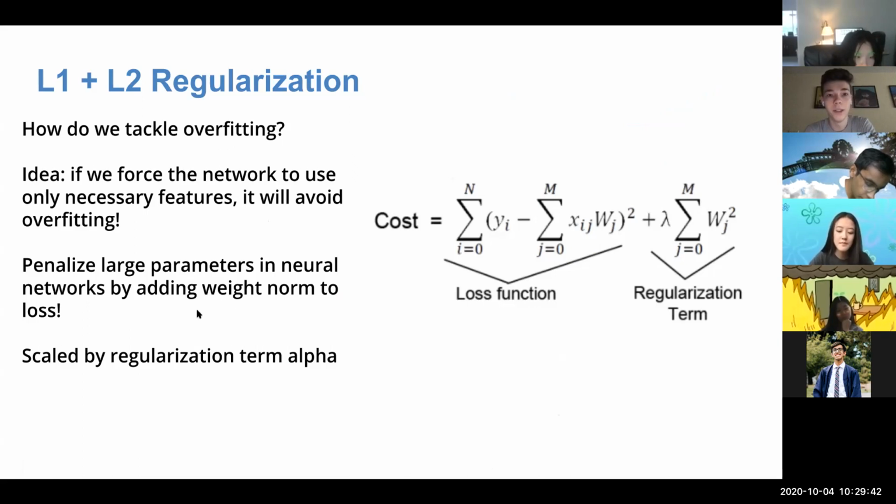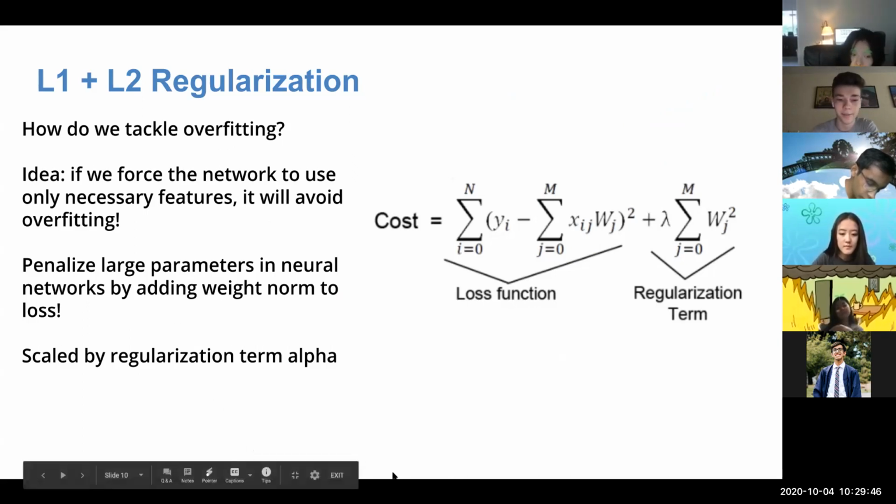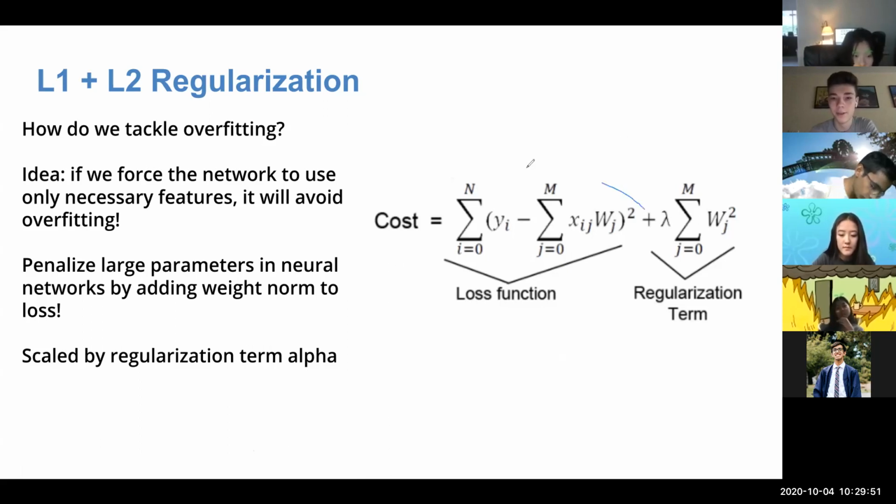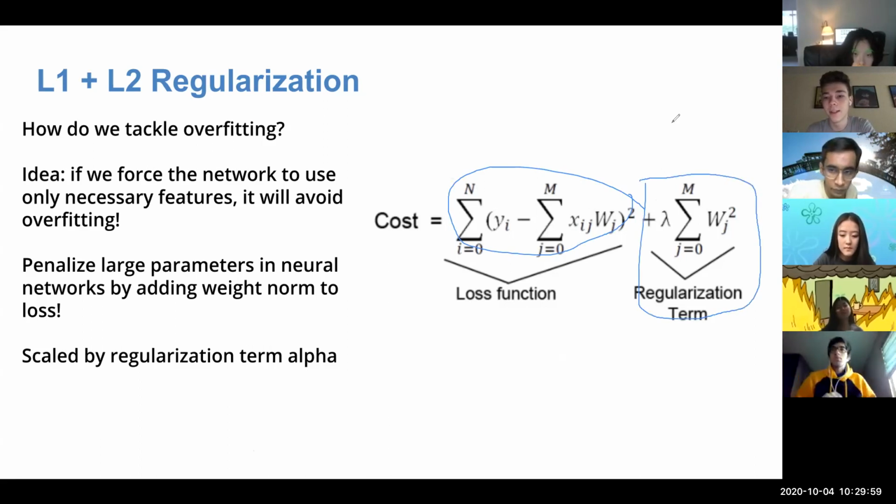But what L1 and L2 regularization do specifically is that they add to your loss function, or your cost function, as you have the loss, which we already saw in previous lectures. But now you're adding another term, which in this case is the L2 regularization term, because it loops over every weight.